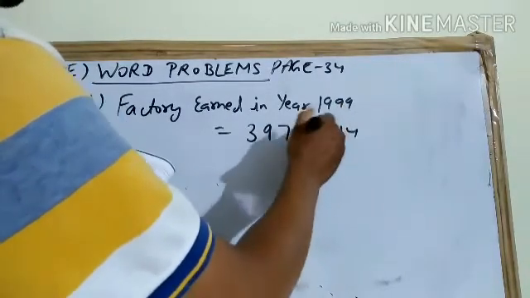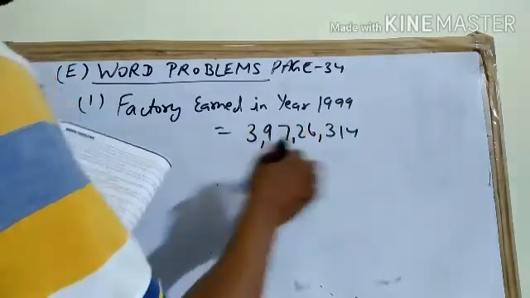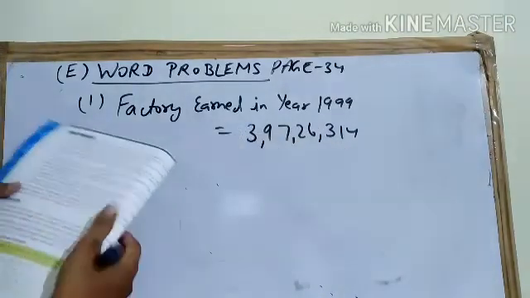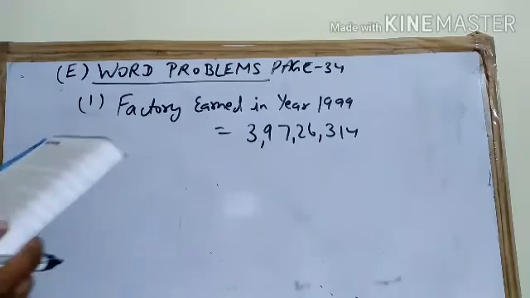If we count them, we get ones, tens, hundreds, thousand, 10,000, lakh, 10 lakh, crore. 3 crore 97 lakh 26,314.